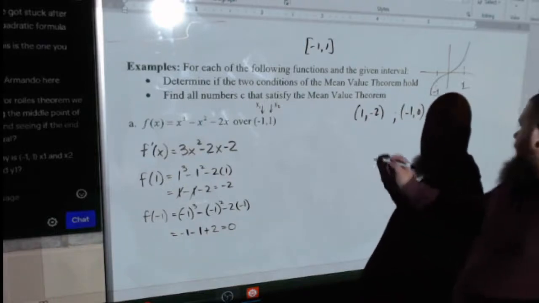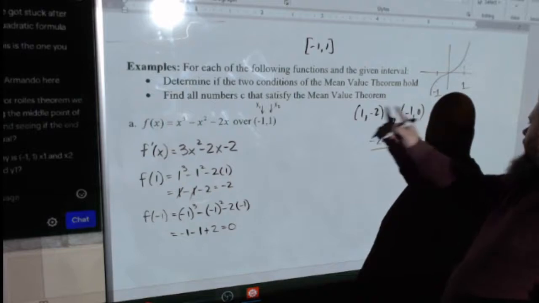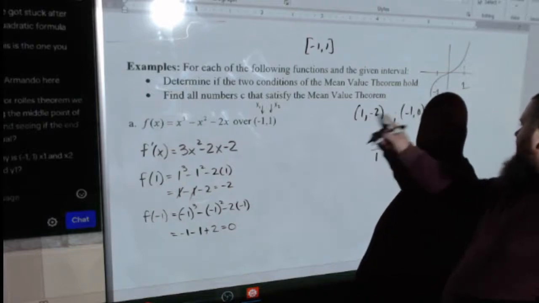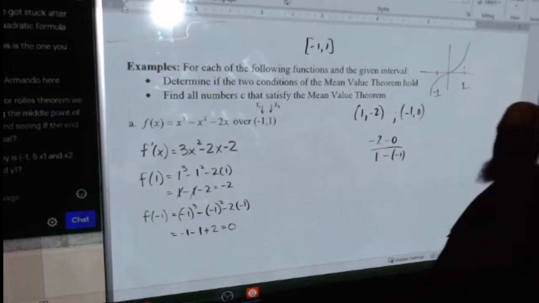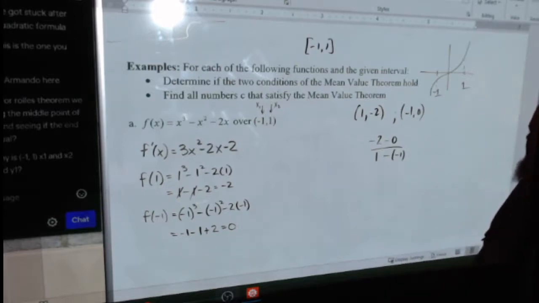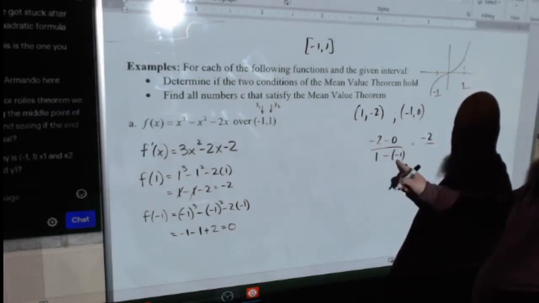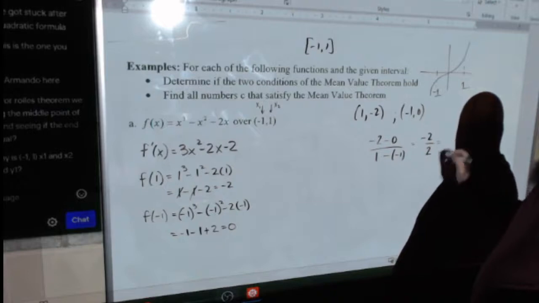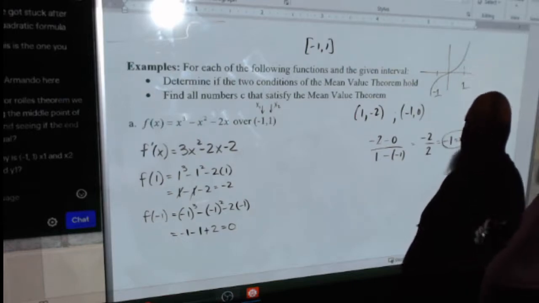So I'm going to do negative 2 minus 0 all over 1 minus a negative 1. So that's negative 2 all over 2, because that's really a plus. And that gives me my slope is negative 1.